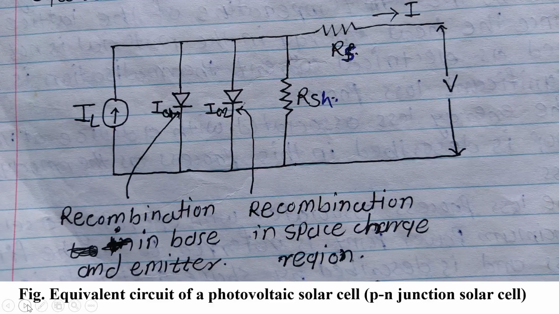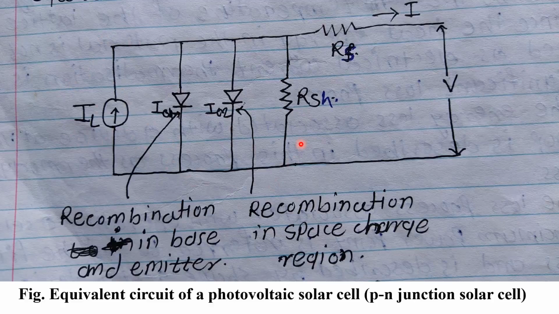This figure shows the equivalent circuit of a photovoltaic solar cell or PN junction solar cell. Here, Rs, the series resistance, is equivalent to the path of the current, and the shunt resistance is the leakage of the current path, in parallel with the current source.